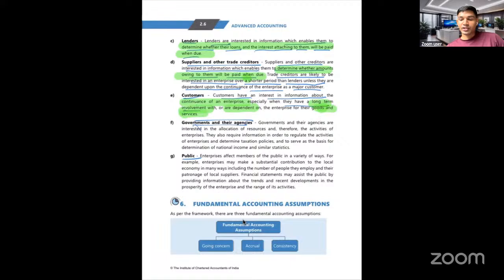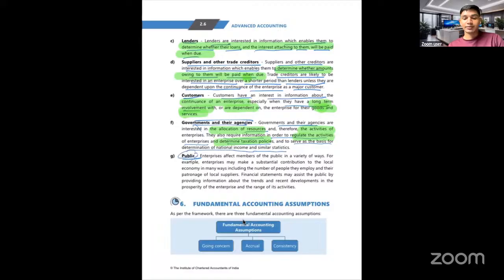Governments and their agencies are interested in the allocation of resources and therefore the activities of the enterprise. They also require information in order to regulate the activities of the enterprise, determine taxation policies, and serve as the basis for determination of national income and similar statistics.